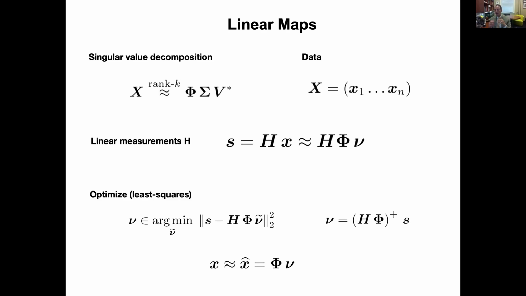In other words, how do I estimate from sensors an approximation to the full state space, which is on the bottom there: x hat is equal to phi times nu, and nu is what I just found through optimization, or at least in this case, since it's linear, least square fitting. Okay, so that's a linear map.